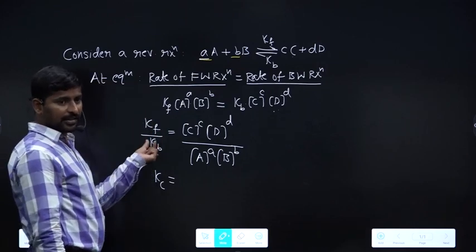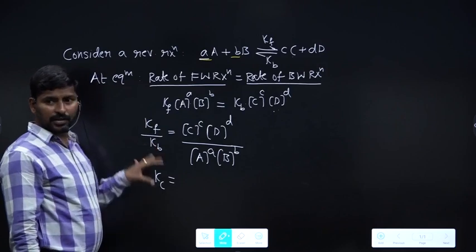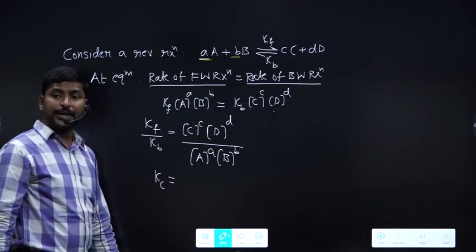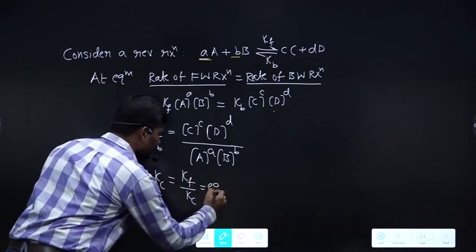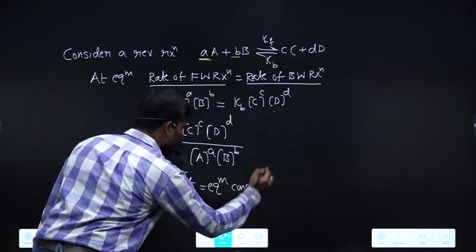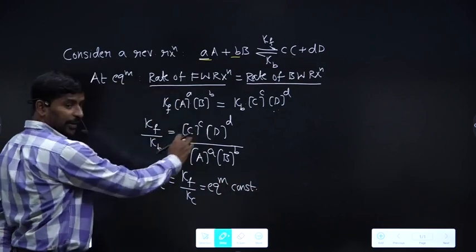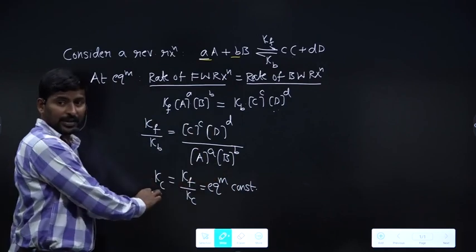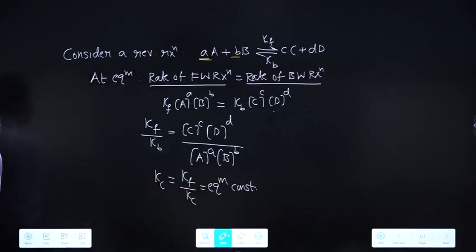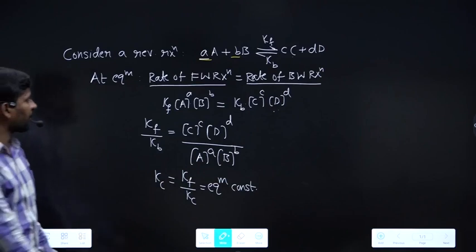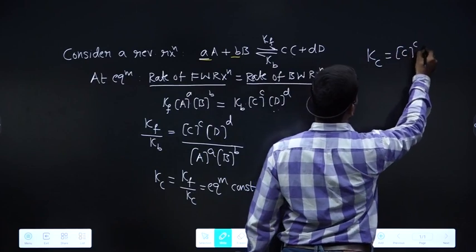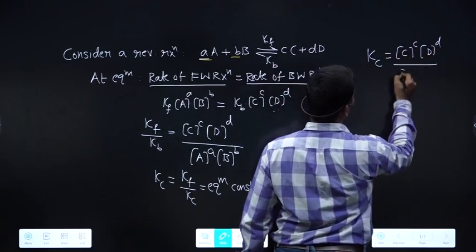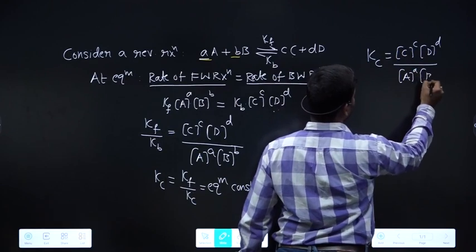These are rate constants, and their ratio is another constant, called the equilibrium constant. This is the equilibrium constant with respect to concentrations, that's why it is denoted as Kc. So this is the formula for Kc: C power c, D power d by A power a, B power b.